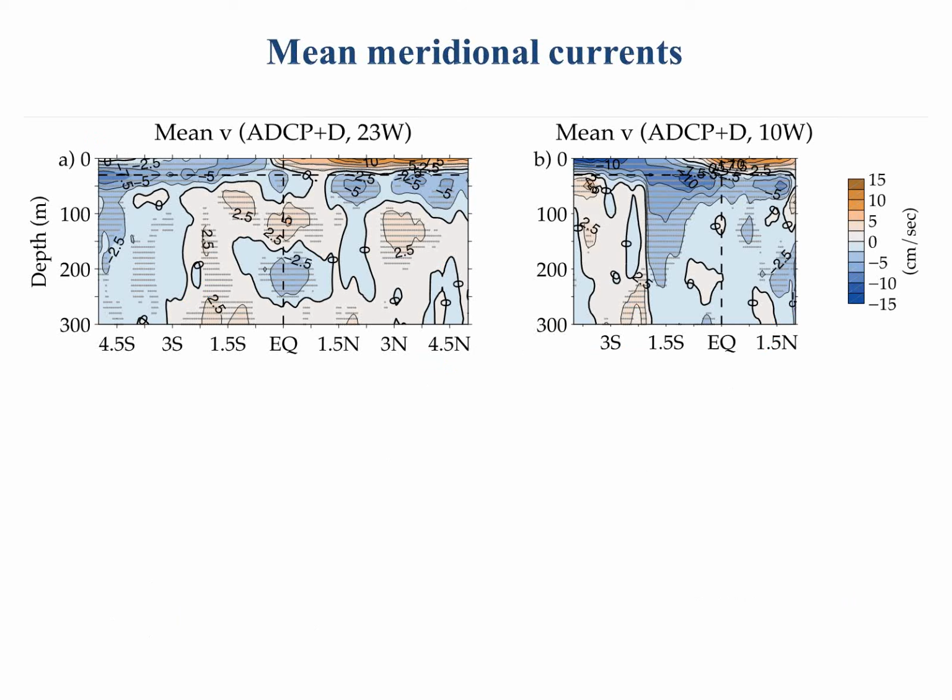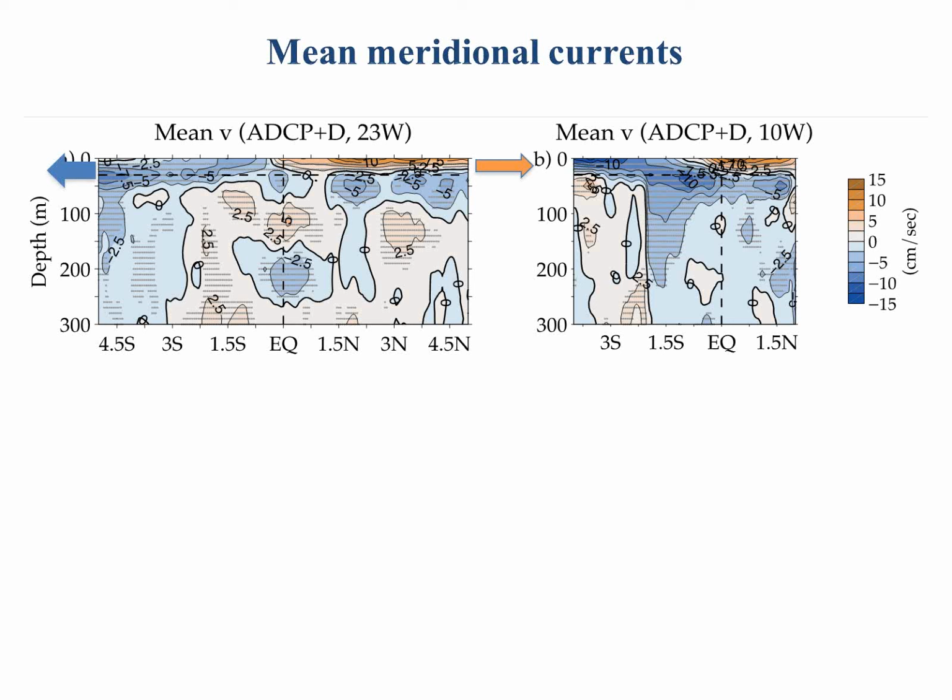Okay, so now we can get to the exciting part, which is the mean field. I'm showing here the mean field, and wherever you see dots, that indicates where the means are greater than the standard errors, so where they're significant. The first thing I noticed is that at 23 west you have poleward flow.